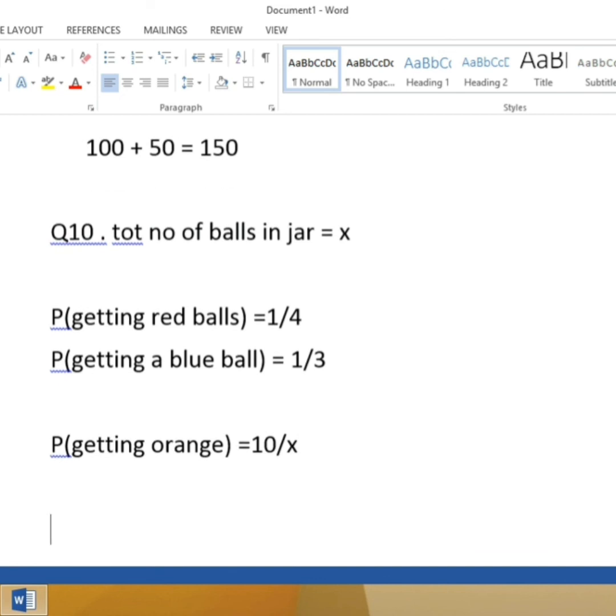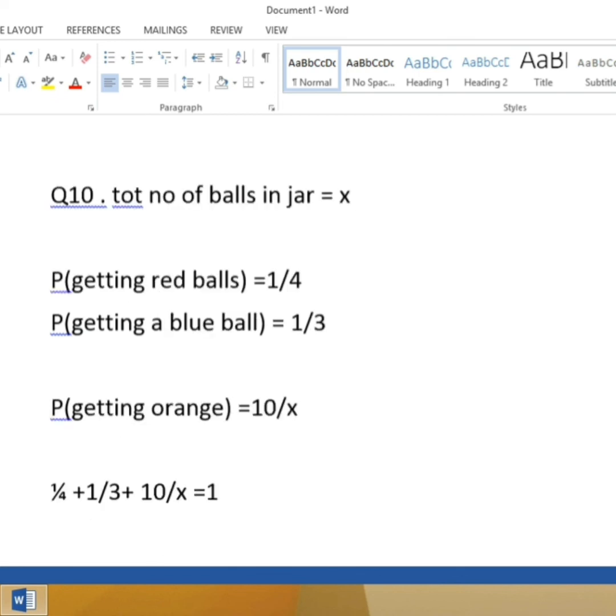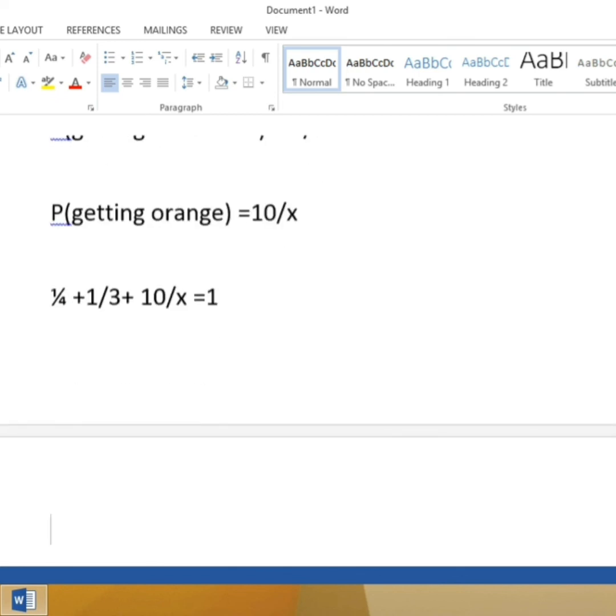We also know that the total of all the possible outcomes is equal to 1. So 1 by 4 plus 1 by 3 plus 10 by X is equal to 1. By taking the LCM, 4 3s are 12, so 12x is the denominator. So 3x plus 4x plus 120 by 12x equal to 1.